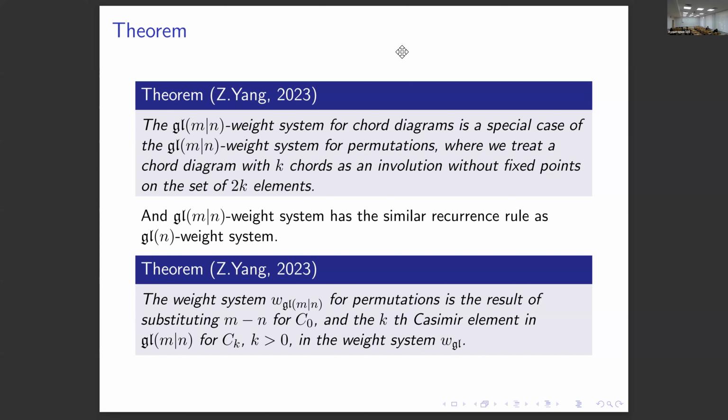For two strings, the answer belongs to the g-invariant part of the tensor square. But it is not commutative. It's not a polynomial. So the definition seems to work, but it doesn't have good properties.